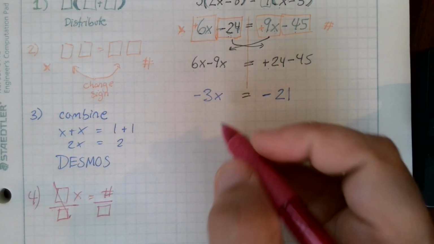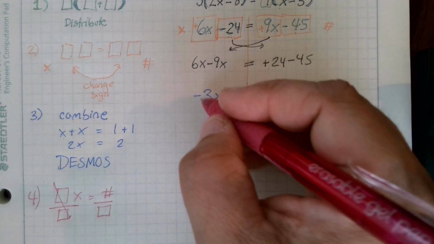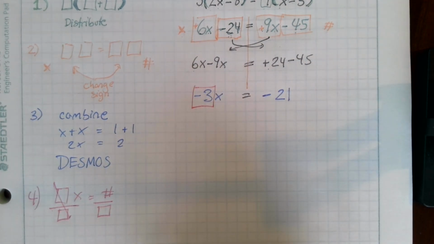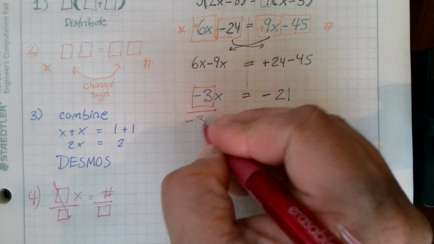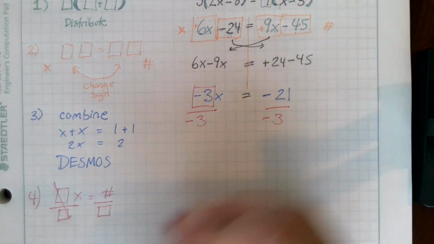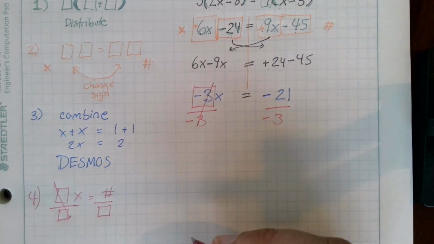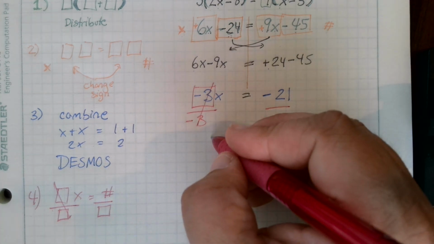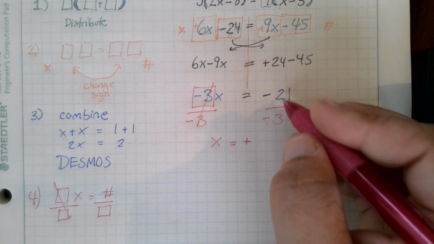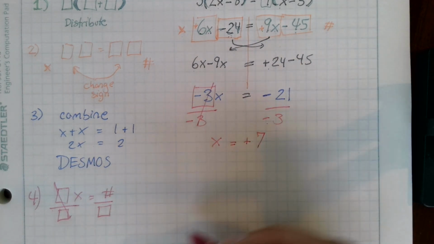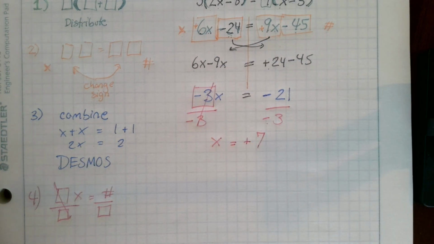So what's the number in front of the x, the coefficient? Number in front, including the sign, is minus 3. So now we're going to divide by minus 3. When we do that, it cancels out, and x is equal to negative and negative is a plus, and that is 7. So x is equal to positive 7.